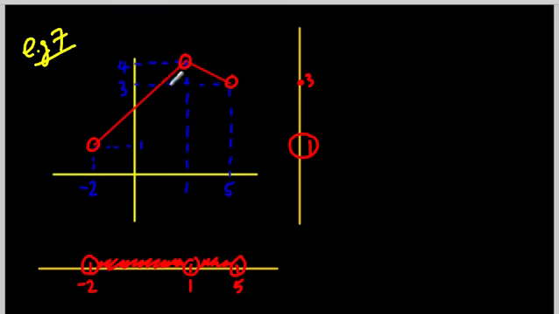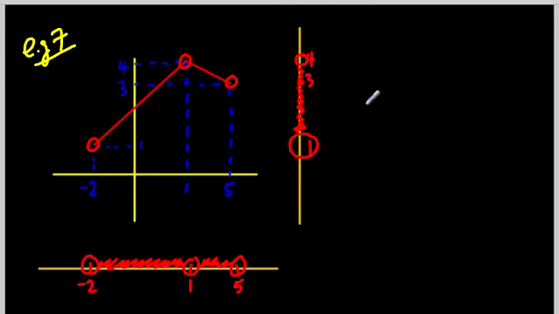Because remember, the range is all possible. So as long as 3 is possible in the y, we include it. And finally, it caps off at 4, but 4 is not included. So anyways, it's basically going from 1 to 4. It's a nice smooth transition. And since 3 is included, there's no break. So it's basically everything from 1 to 4.